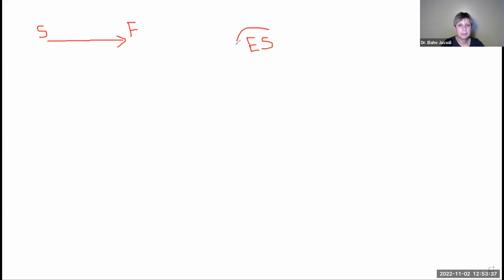So when we scan from start to finish, that we just did, you're going to identify early start of this task based on the early finish of the ones before it, the ones that this one depends on.